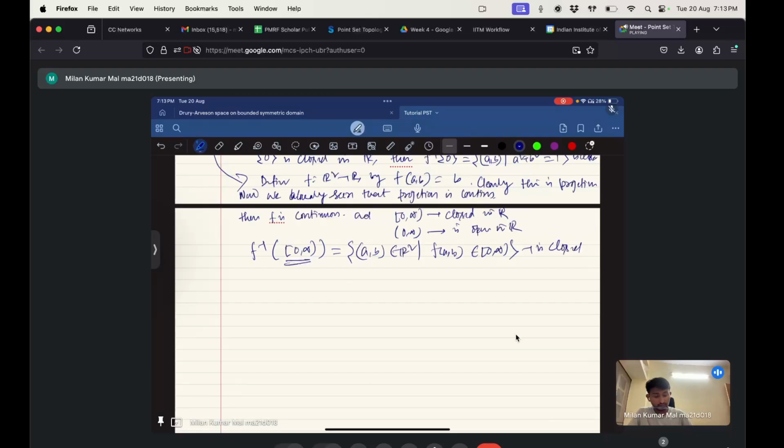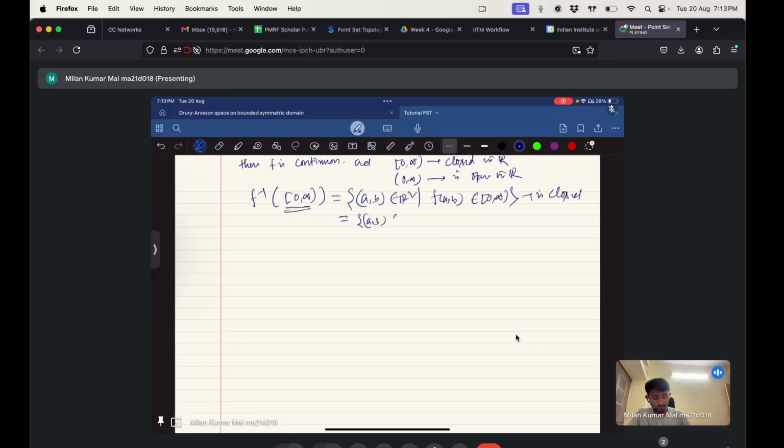So that means all those (a, b) in R square such that b is greater than or equal to 0 is closed.